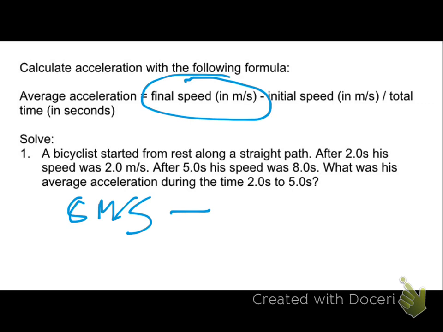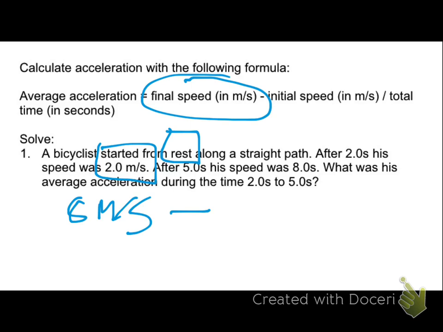Now this is a little trickier because technically, they gave you 2 other speeds in this problem. They told you that at 2 seconds, the speed was 2 meters per second, and then they also told you that to begin with, they were at rest, which is what in terms of velocity? 0 meters per second, okay?